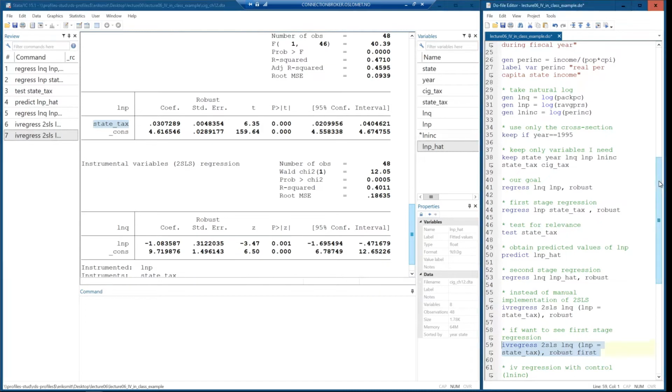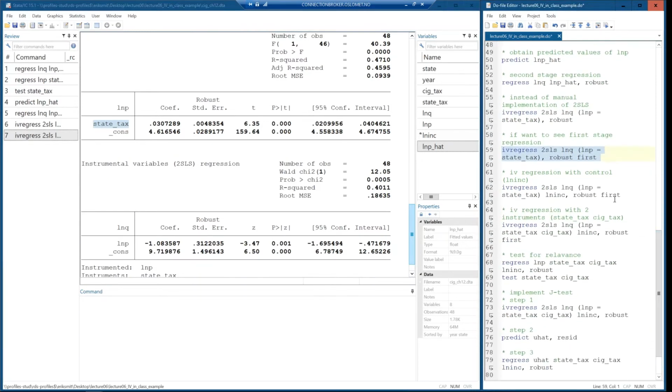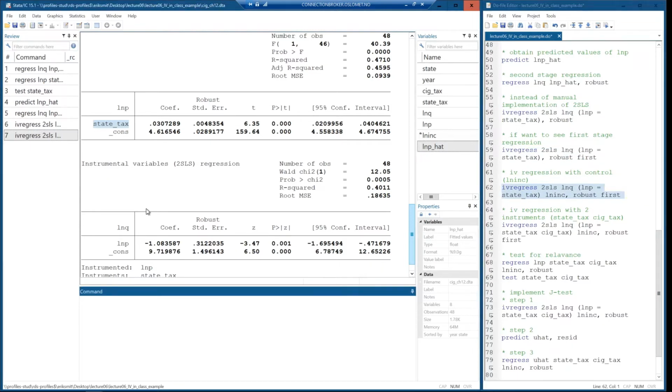So if we want to include a control variable, then we can easily do that by just typing IV regress, and our dependent variable is still the quantity demanded for cigarettes, and our endogenous variable is still the logarithmic price of cigarettes, and the instrumental variable is still the state tax.